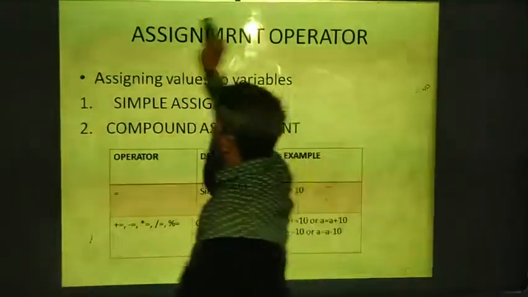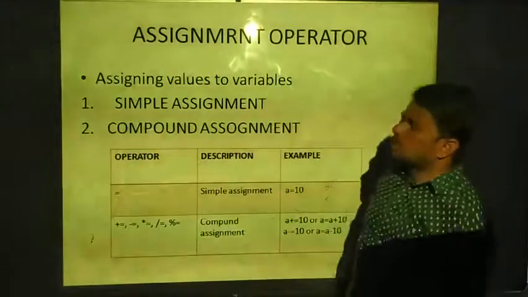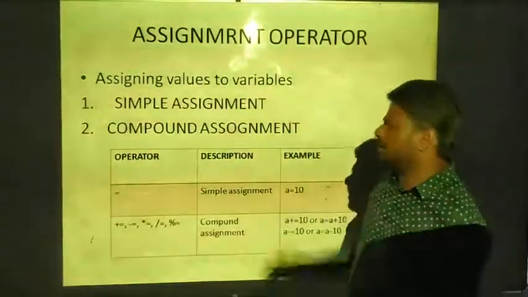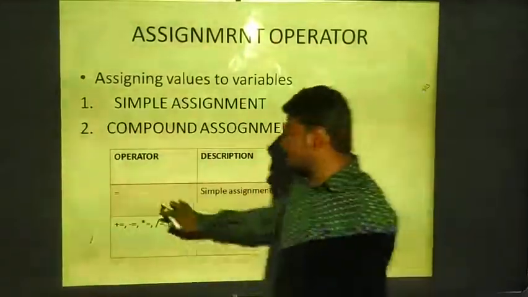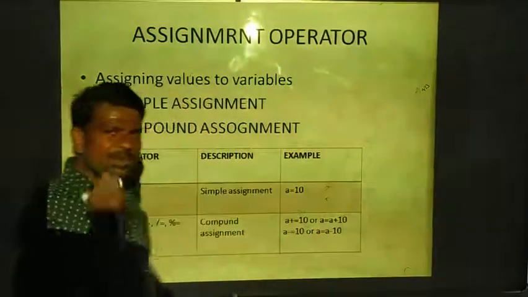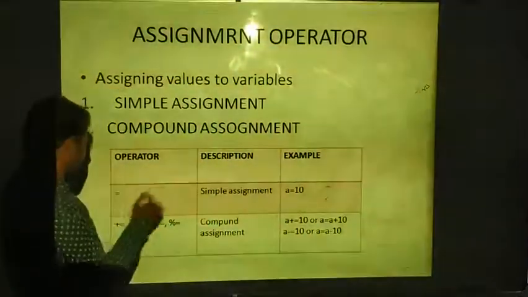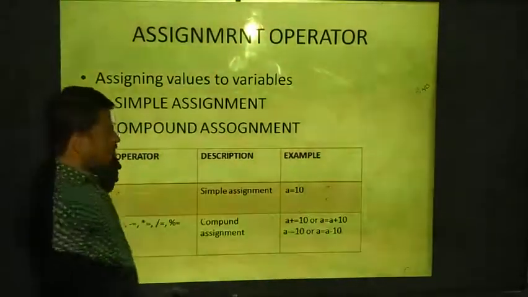Now, two types of assignment operators are there. What are they? Simple assignment and compound assignment. If you see the tabular form, you can understand well. What is the operator here? Is equal to. For simple assignment, remember that only one operator is there, that is the equal to symbol.